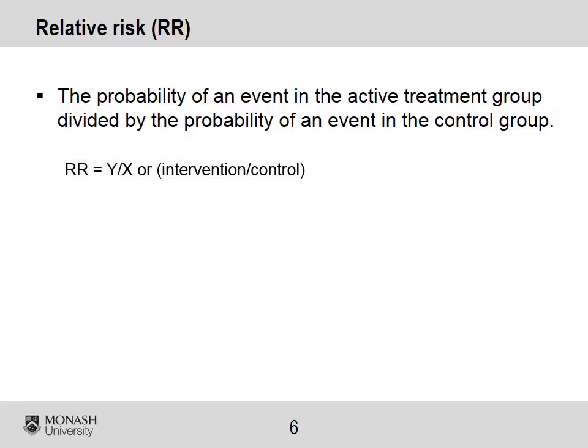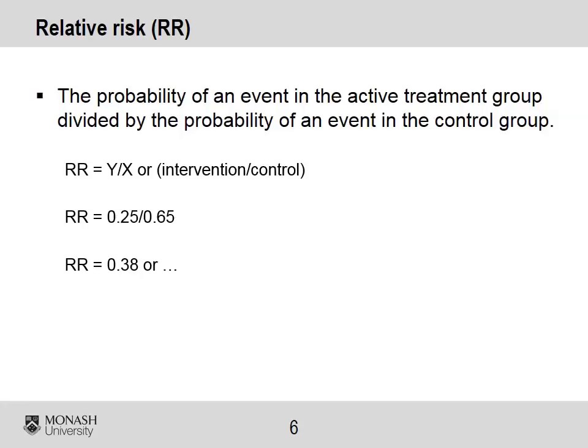So if we use this particular formula, y being the intervention, x being the control, 25% divided by 65%, or 0.25 divided by 0.65, gives us a relative risk of 0.38.